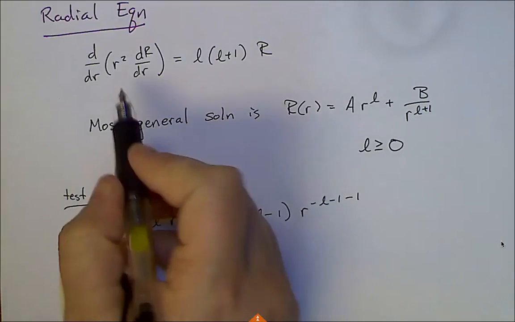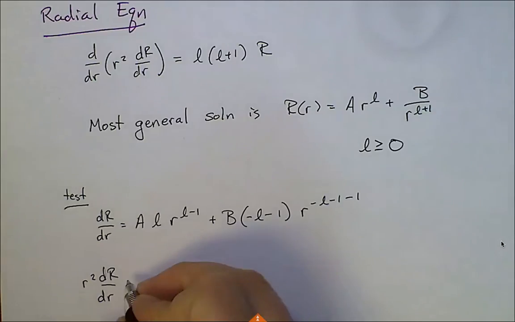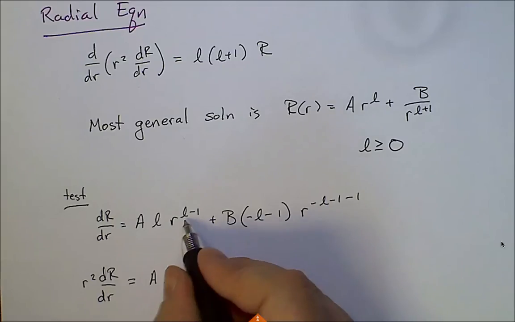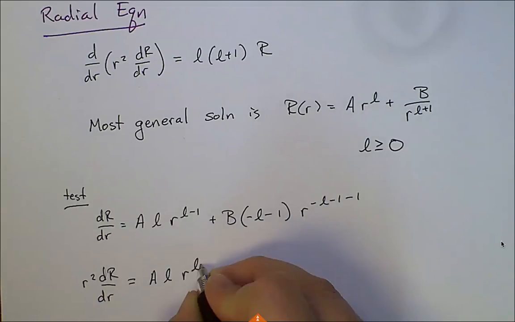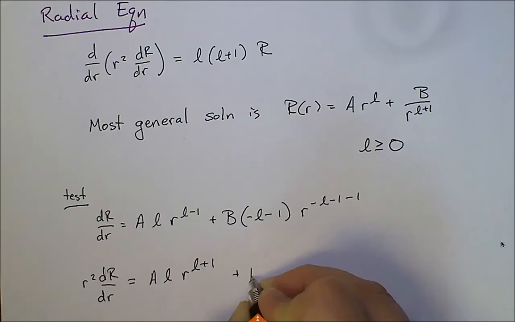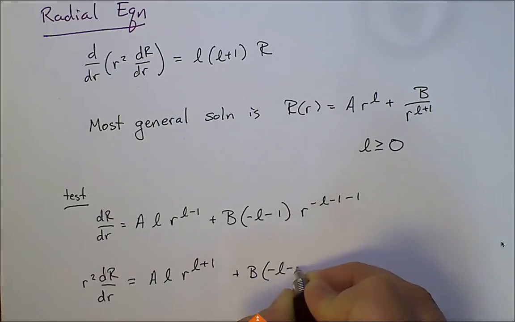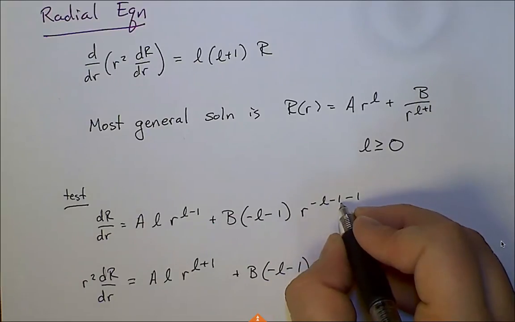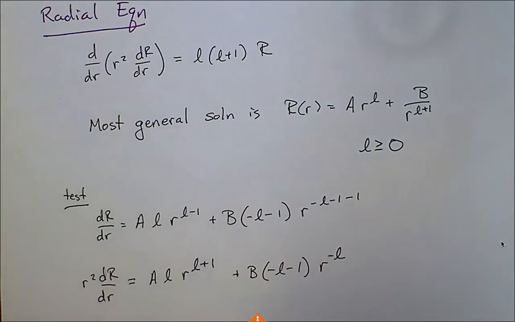So we're going to steadily build up to this left-hand side here. Multiply the whole thing by r squared. That's a times L times r to the L minus 1 plus 2, that's going to be plus 1, plus b times minus L minus 1, r to the minus L minus 2 plus 2, that's r to the minus L.